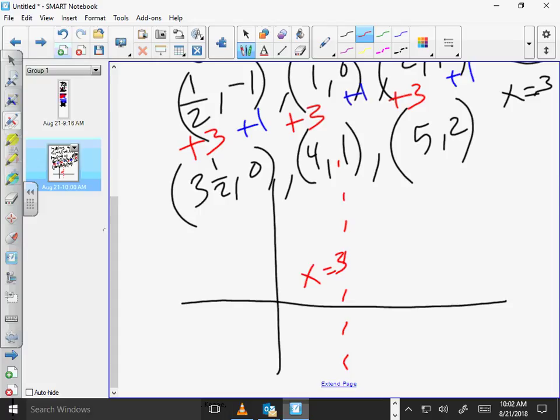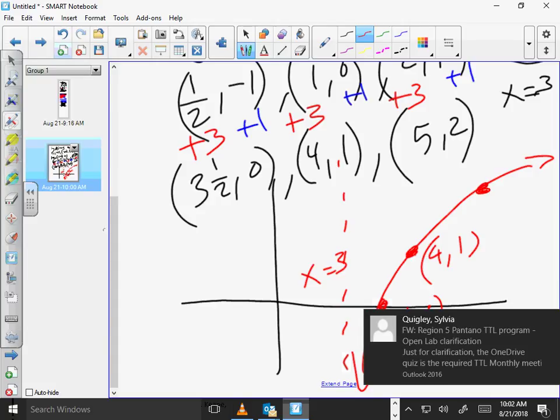X equals 3, swoosh, 3.5, 0, 4, 1, and 5, 2. Any questions about graphing this?